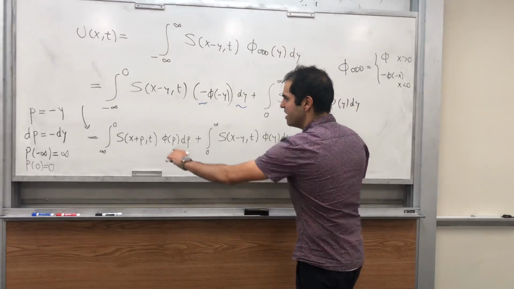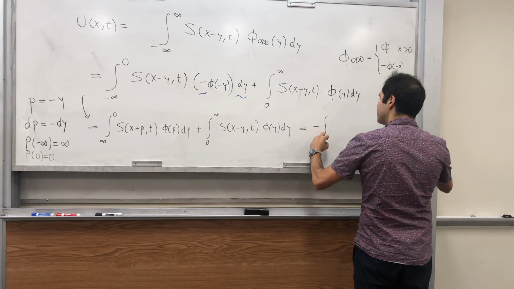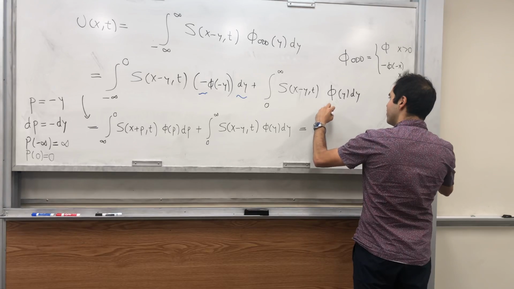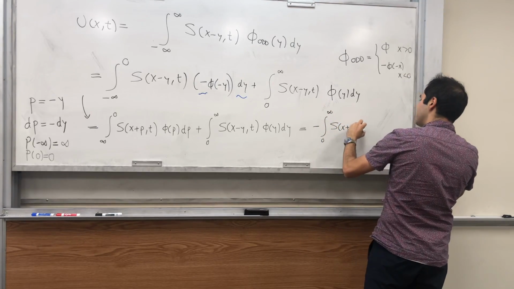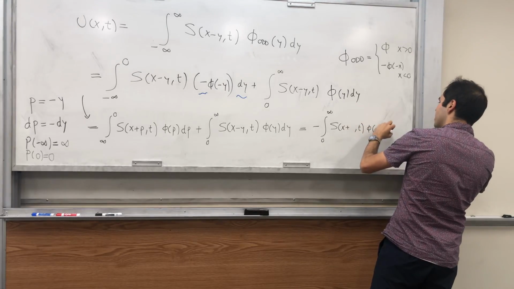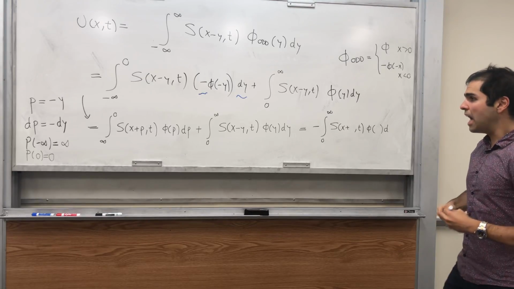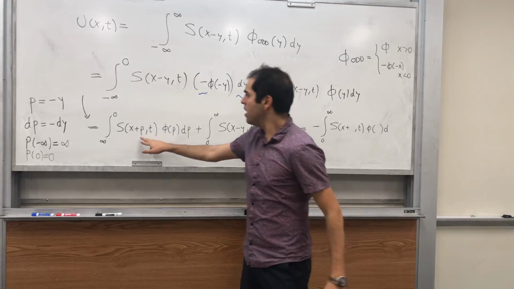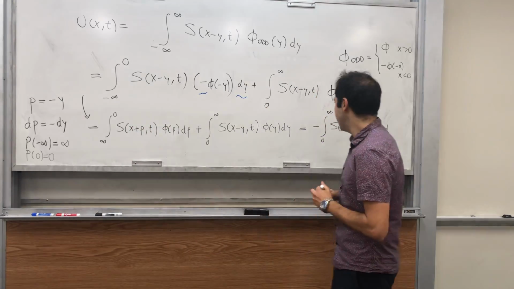But the nice thing is we can make this into an actual integral, minus the integral from 0 to infinity of s of x plus something, t, phi of something, d something. Before I wrote p, now let's just go back to y. You see, p is a dummy variable, so it doesn't matter what you name it.